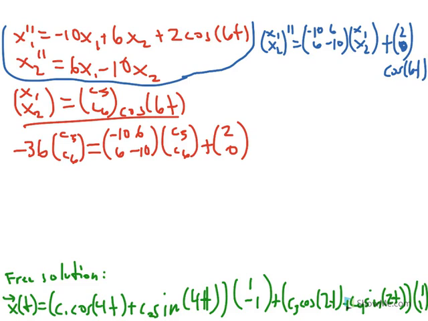Now, after plugging in my anticipated solution form, C5, C6 cosine of 6t, the cosine of 6t's drop out, leaving us with this expression here.